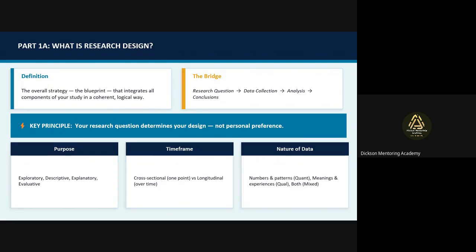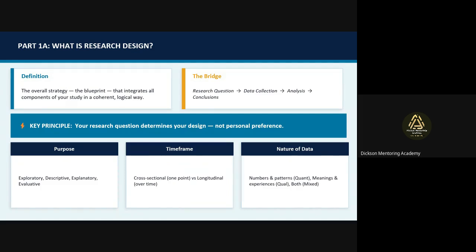So the purpose of your research design will be exploratory, descriptive, explanatory, or evaluative. The time frame for your research will be cross-sectional, that is one point, or longitudinal over time. And the nature of data could be numbers and patterns, which is quantitative, or it could be meanings and experiences, which is qualitative.